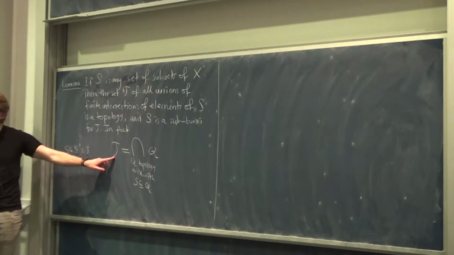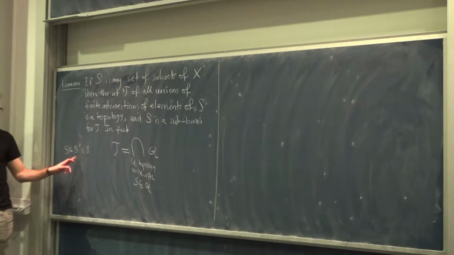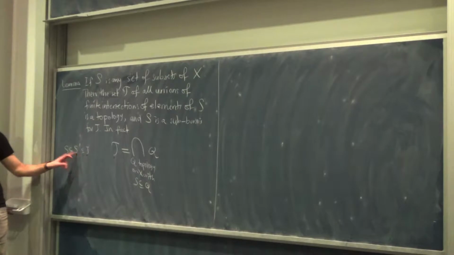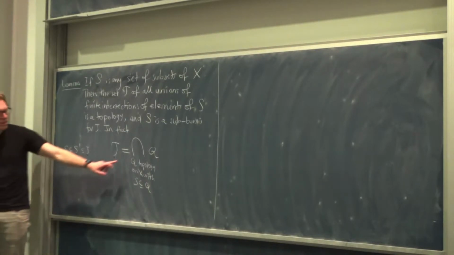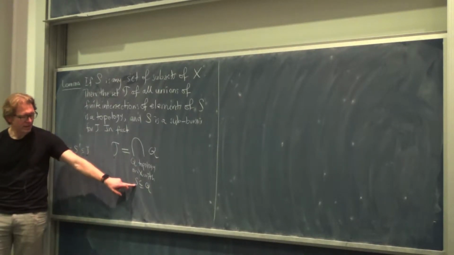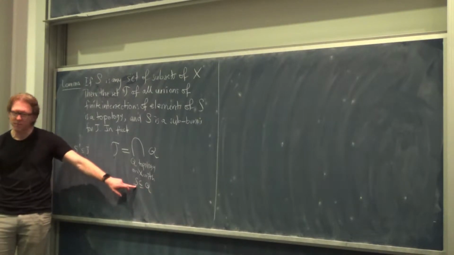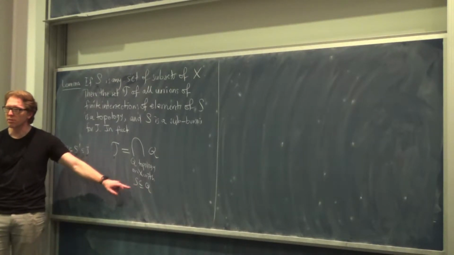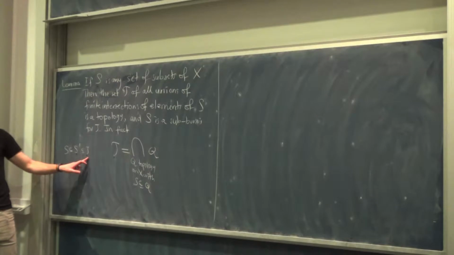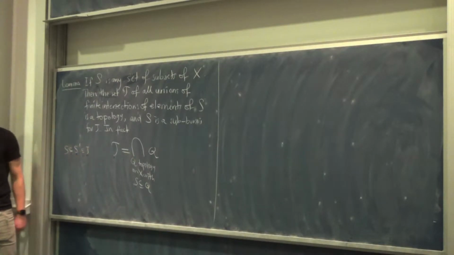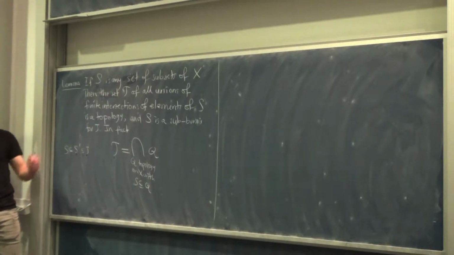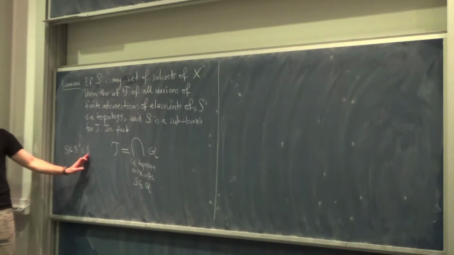Suppose something's in T. Well, then it's a union of things which are finite intersections of things in S. So if I had a topology Q which contained S, well, the topology is closed under finite intersections and arbitrary unions, so it better contain all the things in T, right? So T is contained in the right-hand side. And if you think about it, the only thing in common to every possible topology is exactly the sets I described.